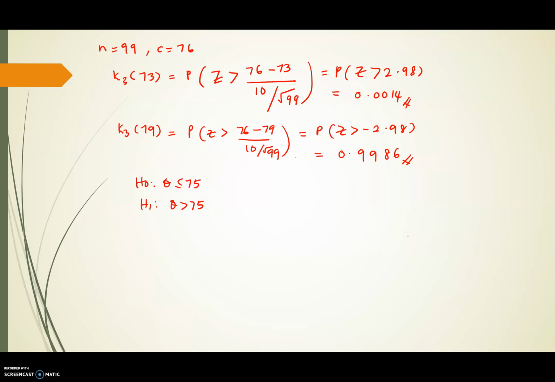But overall, it depends on the researcher, whether they are willing to use a larger sample size or want to use a small sample size. Okay, so that ends our 3 examples, as we wanted to show that the power function of the test also depends on the value of theta and the sample size.